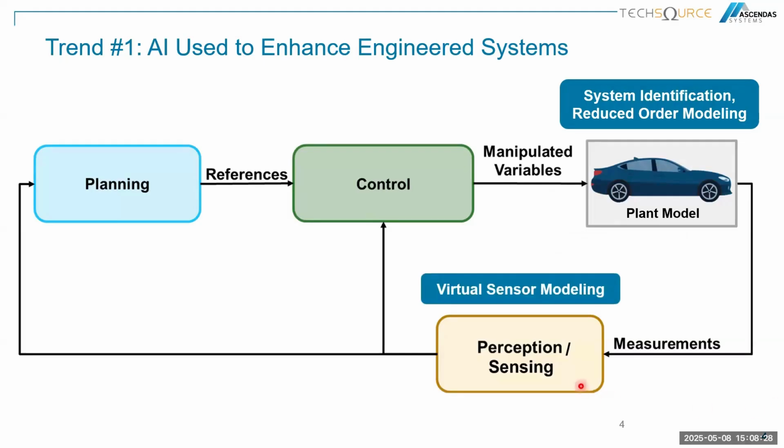The next one is perception and sensing, which is the feedback. Here we can use AI to build a virtual sensor, which estimates the signal of interest that comes from the plant model, in place of a physical sensor. For example, for some parameters we cannot use physical sensors.